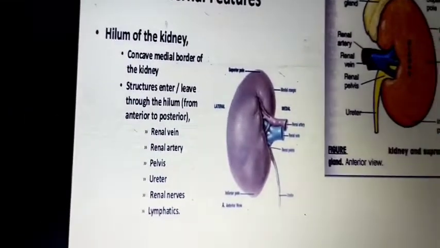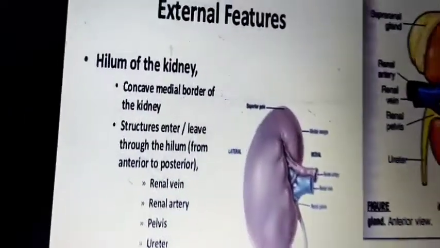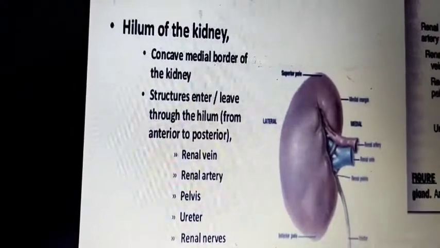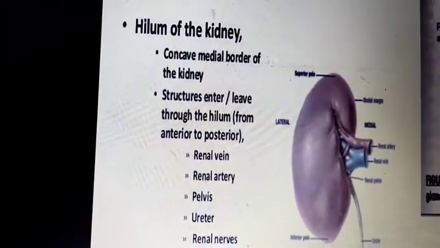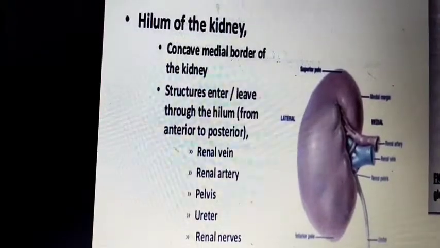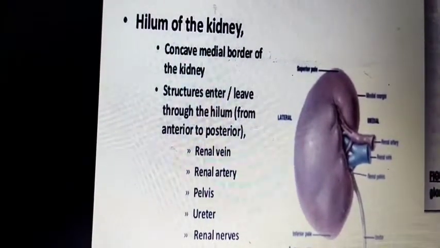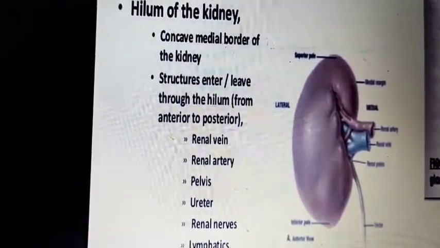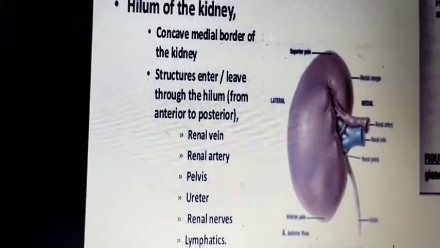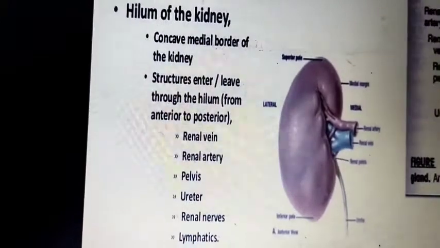Among the external features of the kidney, the hilum is important because it is the entrance for the blood vessels and veins, and the renal pelvis or ureter comes outside.